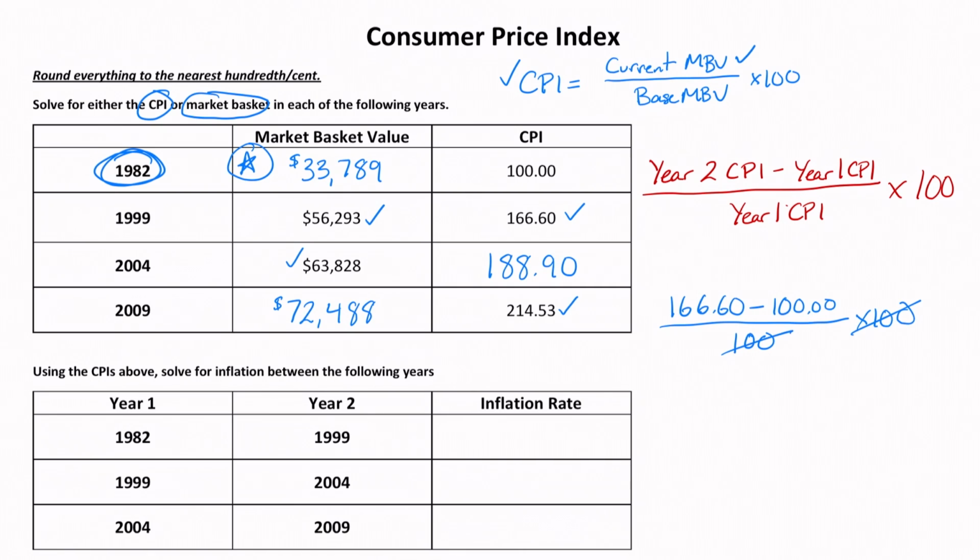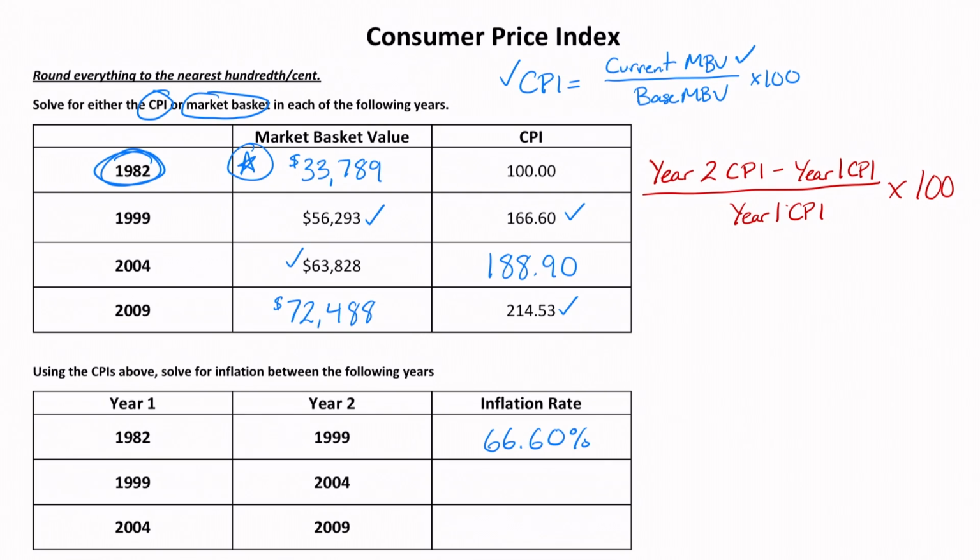So that cancels, and we find out it's just going to be 166.6 minus 100. Our inflation rate was 66.60%. That means from 1982 to 1999, in those 17 years, prices rose by 66.60%.